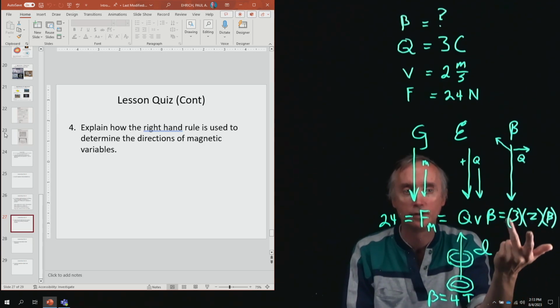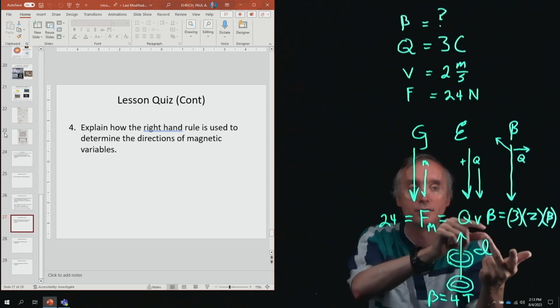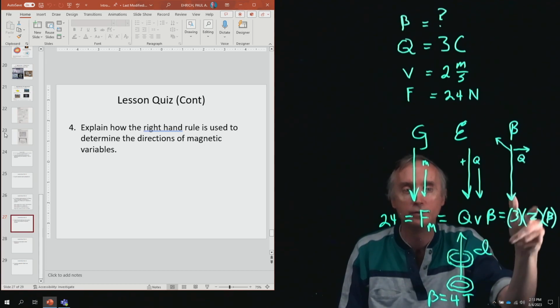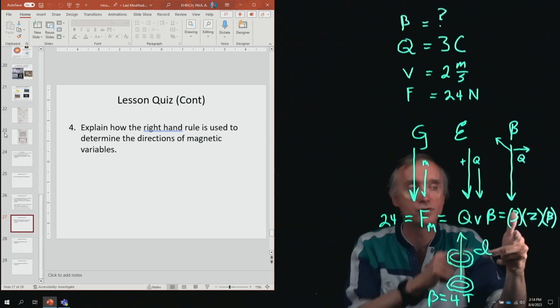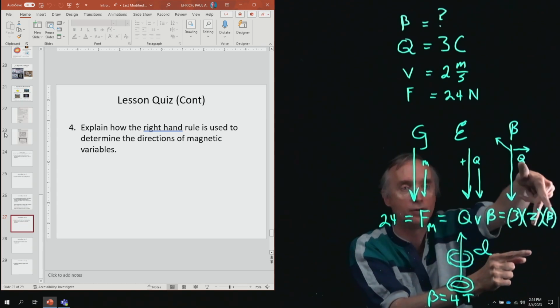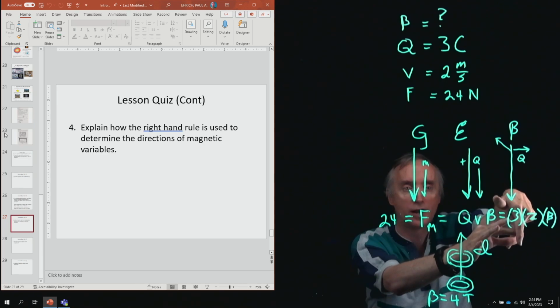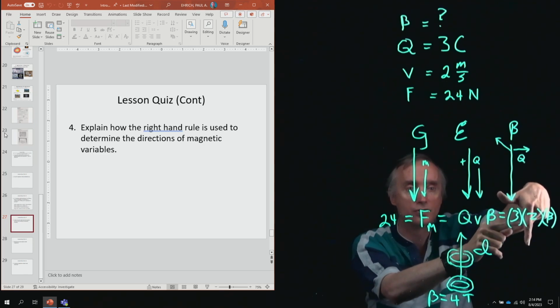Then this finger here, that's going to be the direction of B, the magnetic field, and then the thumb is going to be the direction of the magnetic force. We're always going to assume that each one of them is perpendicular, but it turns out that these two can have different angles, but the thumb is always perpendicular to the two of them.